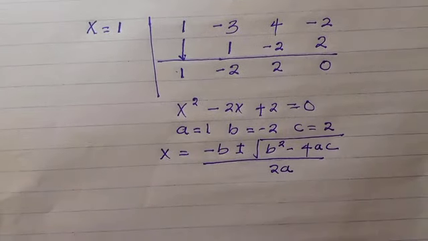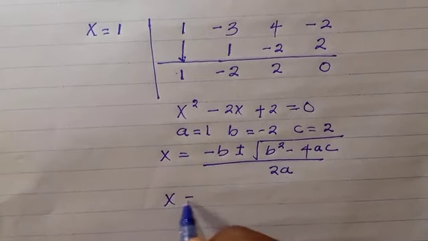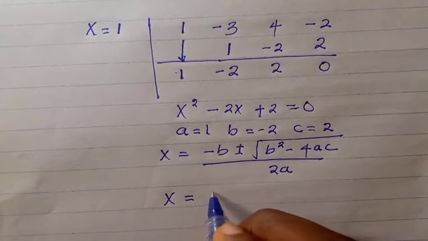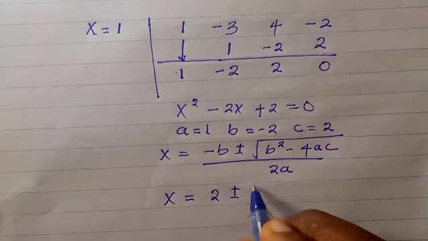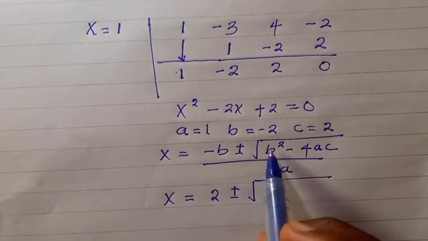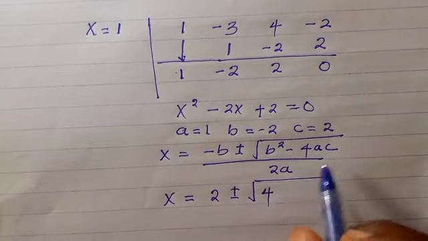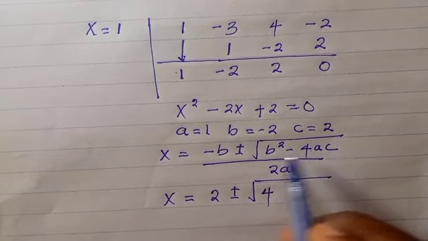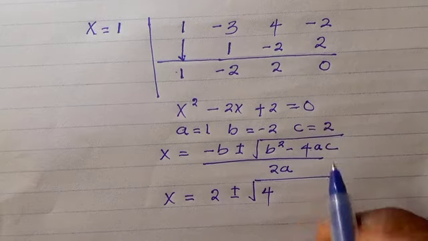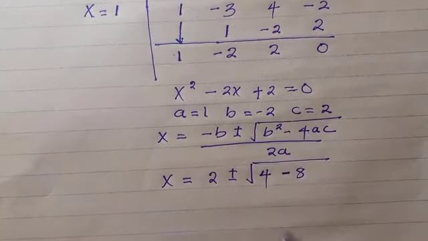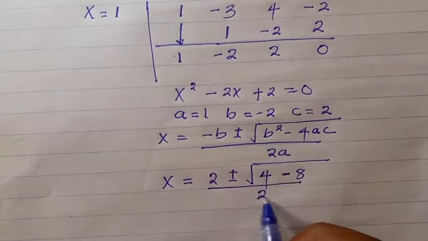Anywhere I see these values, I'm going to replace them. Therefore, we have x equals, b is minus 2, and minus times minus is plus, plus or minus the square root of b squared, which is minus 2 squared, and that is 4. Then 4 multiplied by a is 1, and c is 2, so the whole of this is minus 8. Then everything divided by 2.